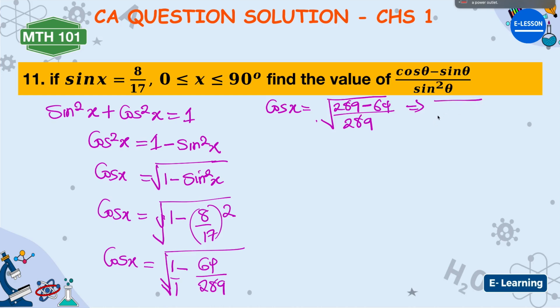When you subtract, this will give us 289 minus 64, that will give us 225, I guess. So 225 divided by 289.